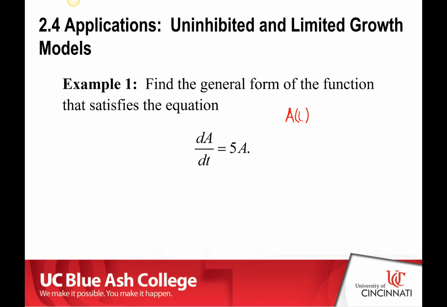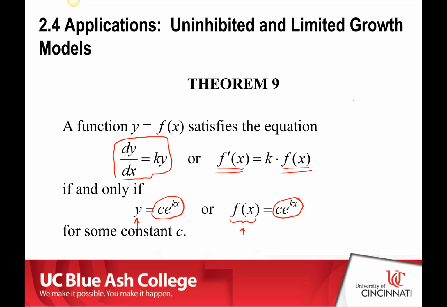T. Equals. We know that the function that will return itself as the derivative is going to be e to the, not x, but in this case e to the t.